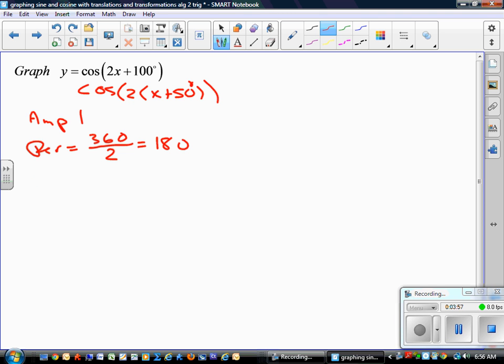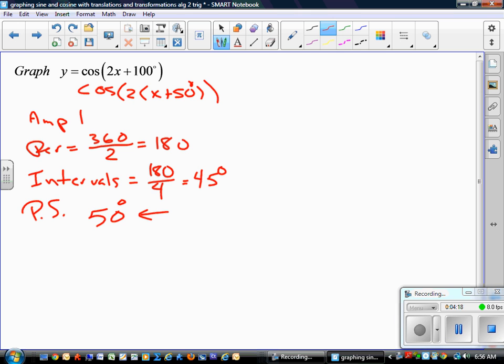I have intervals equal to 180 over 4, which is going to be 45 degrees. And I have a phase shift of 50 degrees, this time going left.